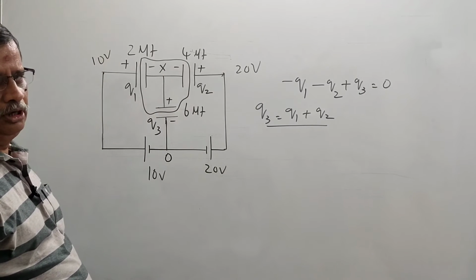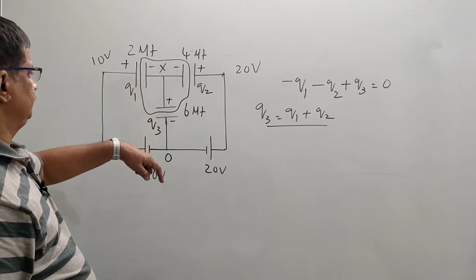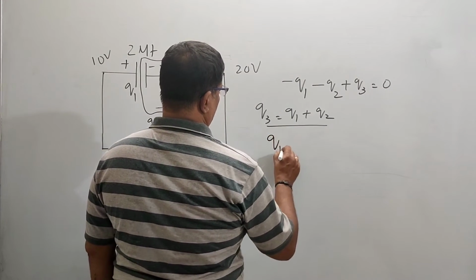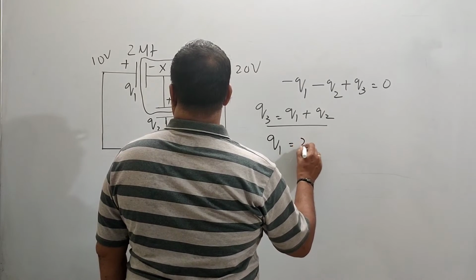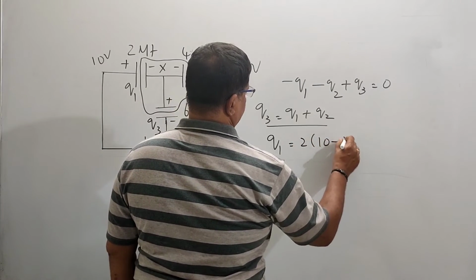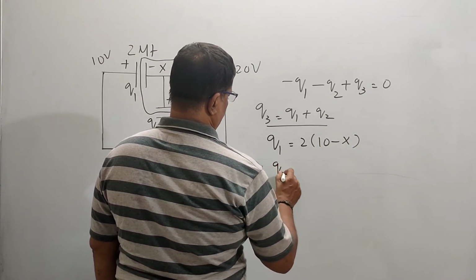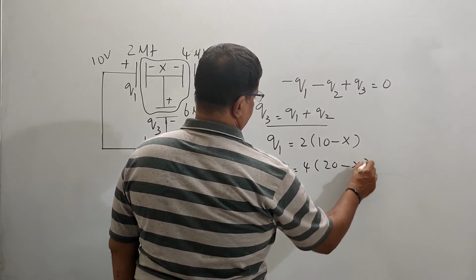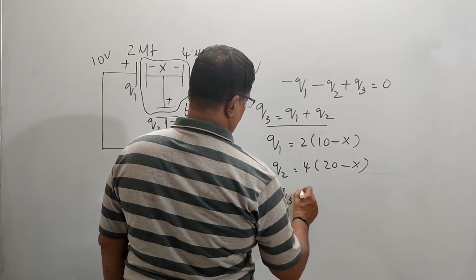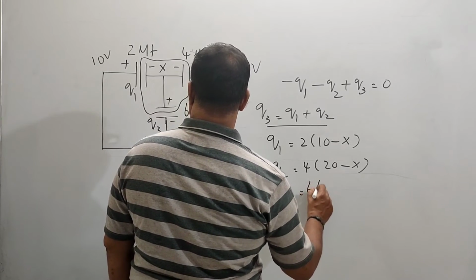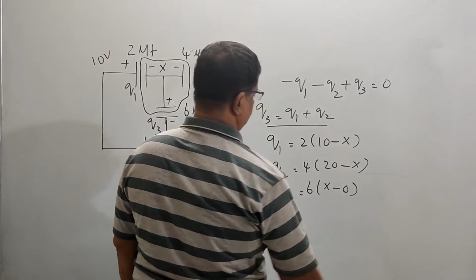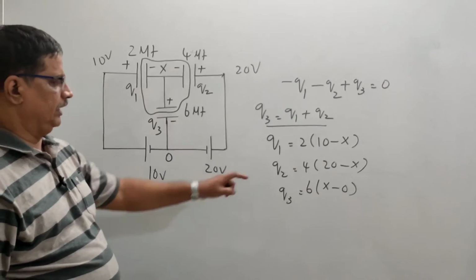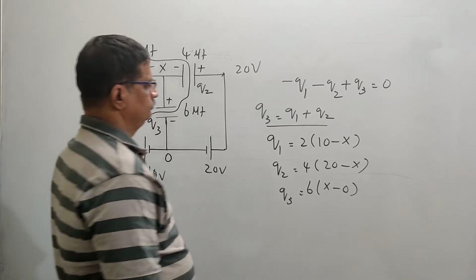Now let us find the charge on each capacitor. As we have done previously, Q1 will be equal to 2 into 10 minus X, Q2 is 4 into 20 minus X, and Q3 equal to 6 into X minus 0. Now let us put those values here and solve.